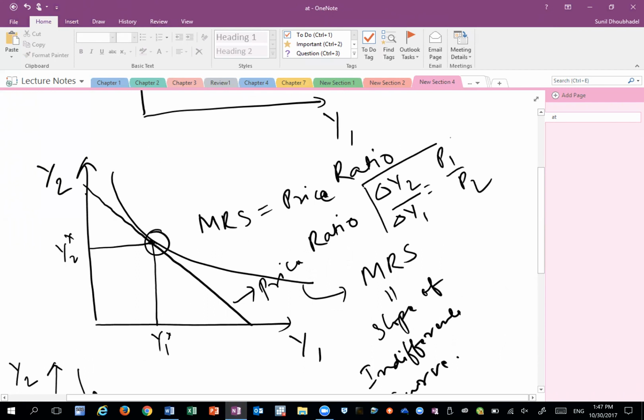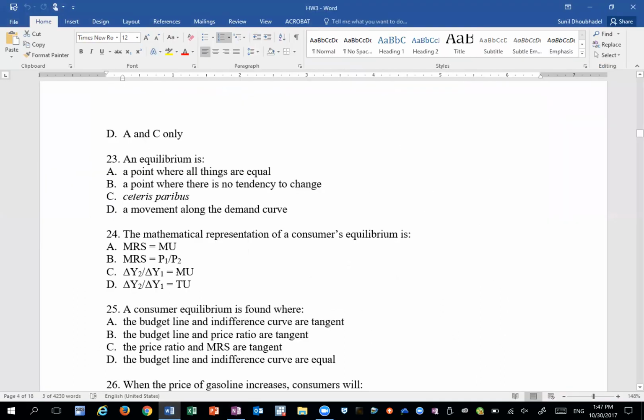If you look at the options there, you don't have that option. You just have this option, MRS equals P1 by P2, okay? So that's the condition where consumers are at equilibrium, meaning that they are maximizing their utility from that bundle of goods they are consuming.